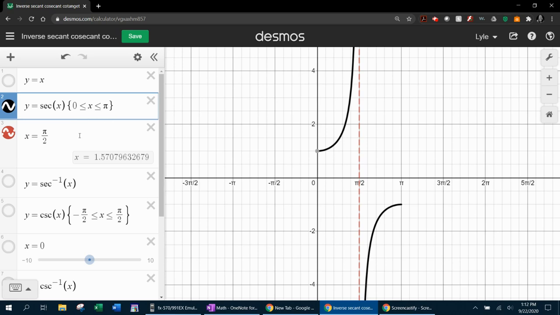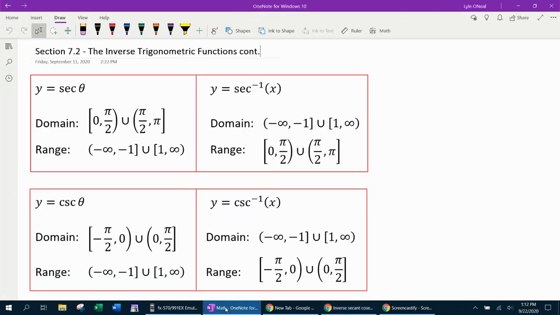Okay, now I would like to also draw your attention to the fact that even though we restrict the domain from 0 to pi, there is a value in there that is not going to be allowed, and that's because there's a vertical asymptote. So if we go back to our OneNote, you'll notice that the domain is from 0 to pi over 2, not including pi over 2, and then it picks up at pi over 2 and continues to pi.